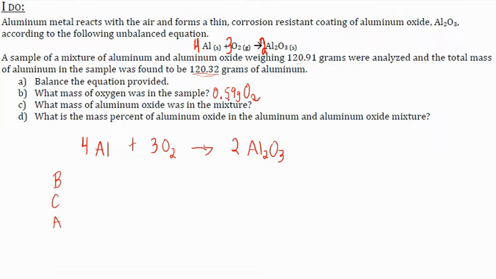So I'm going to take this, and I'm going to divide it by what? Not 16. 32. Remember, this is O2, so I've got to take 16 plus 16 to get 32. So I'm going to divide it by 32. So 0.59 divided by 32.